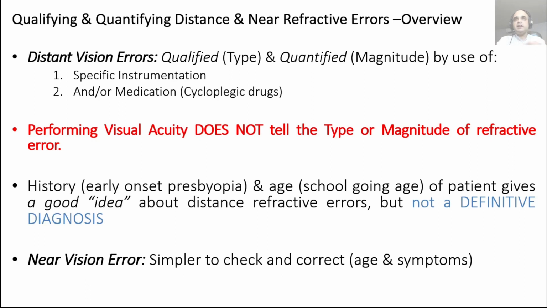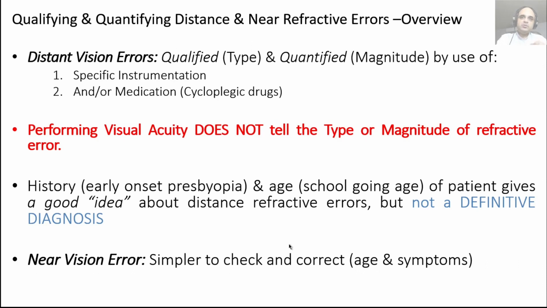Near vision, on the other hand, as compared to distant vision, is easier, simply because you have a patient of a specific age group with a very specific problem. Again, you need to ensure that what you are looking at is a near vision error and not a latent hypermetropia. So your age and your symptoms must be appropriate for a near vision error.